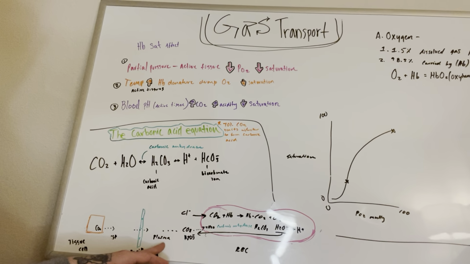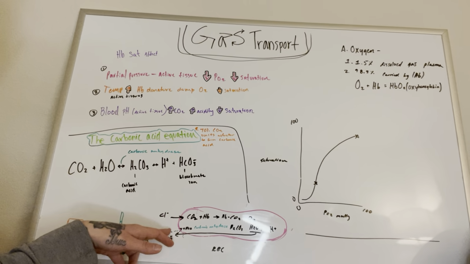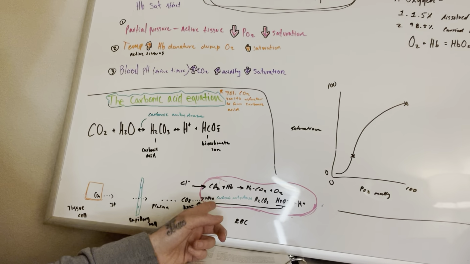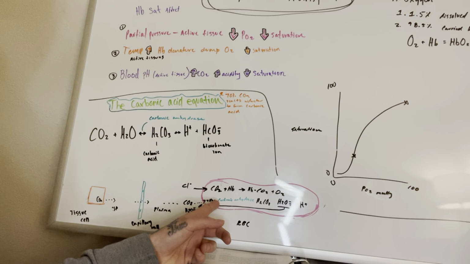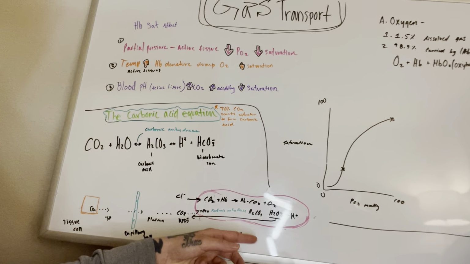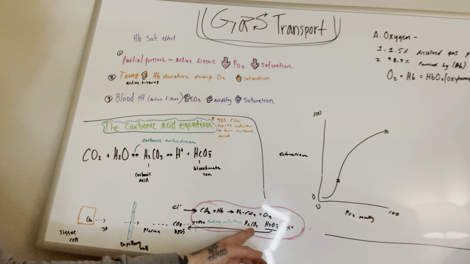We're going to go into the plasma, and then you can follow carbon dioxide into the red blood cell, where it's going to bind with H2O via the help of carbonic anhydrase to create carbonic acid.